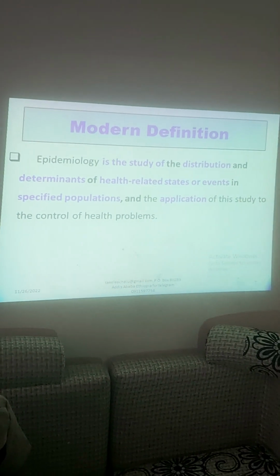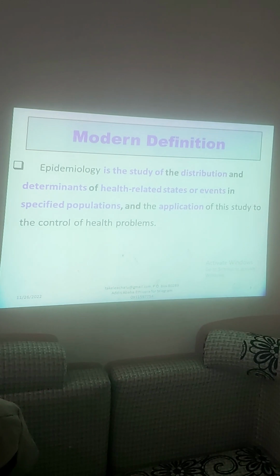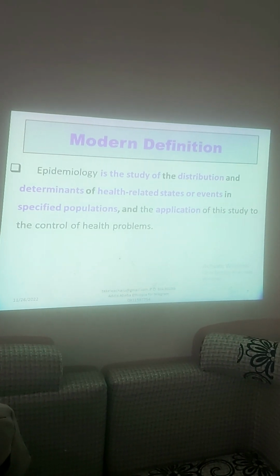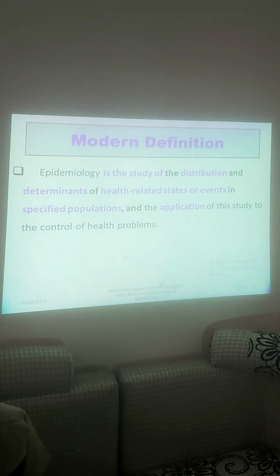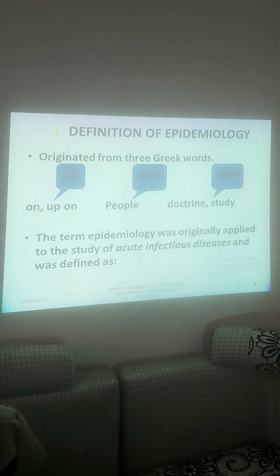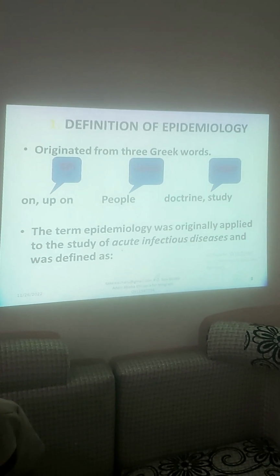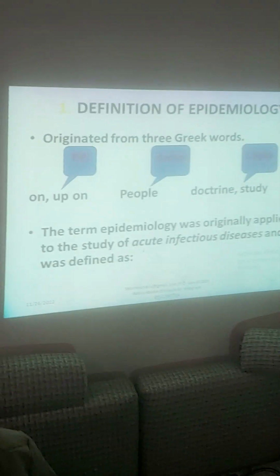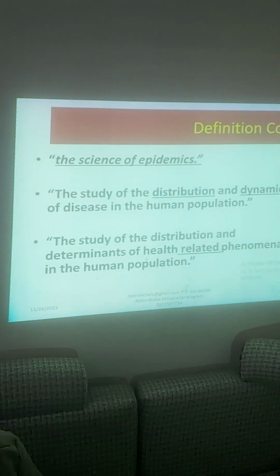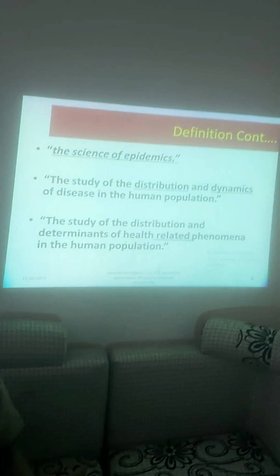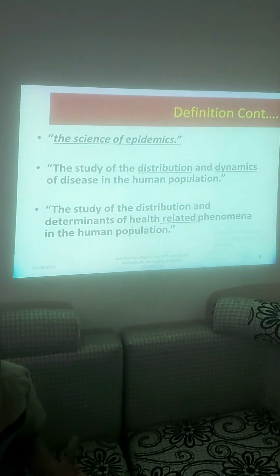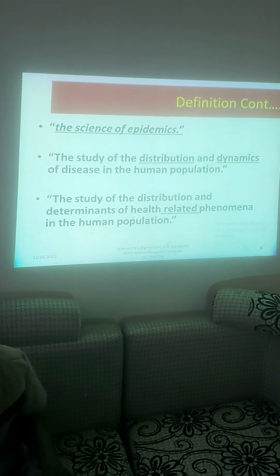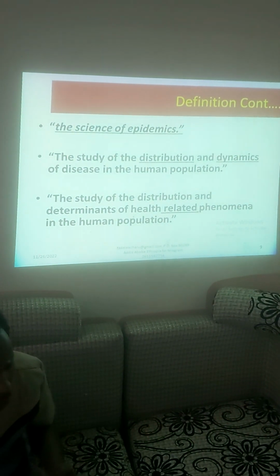Epidemiology is the study of the distribution and determinants of health-related status or events in a specific population, and the application of the study to the control of health problems. As a whole, the word originated from three Greek words, epi, demos, and logos. It is the science of the epidemic, the study of the distribution and dynamics of the action of disease in the human population.